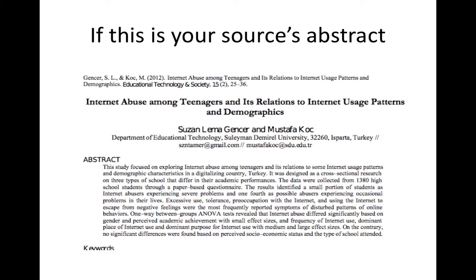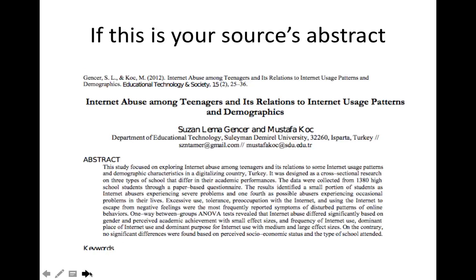The data were collected from 1,380 high school students through a paper-based questionnaire. The results identify a small portion of students as internet abusers experiencing severe problems and 1/4 as possible abusers experiencing occasional problems in their lives. Excessive use, tolerance, preoccupation with the internet, and using the internet to escape from negative feelings were the most frequently reported symptoms of disturbed patterns of online behaviors. Okay, can stop it there.